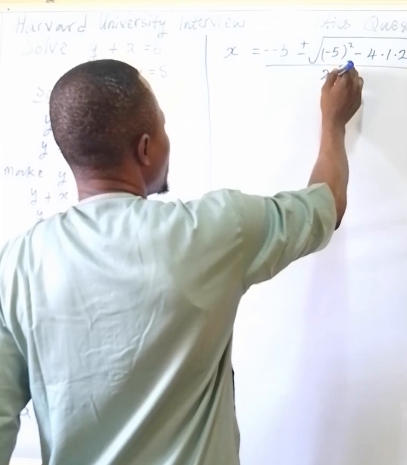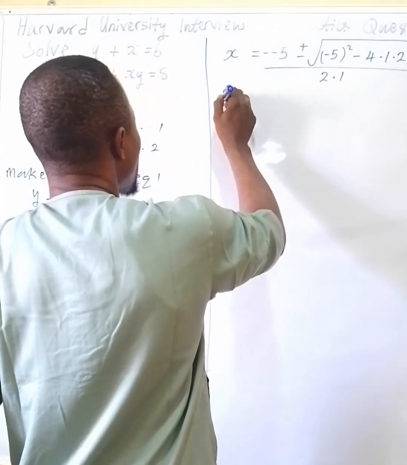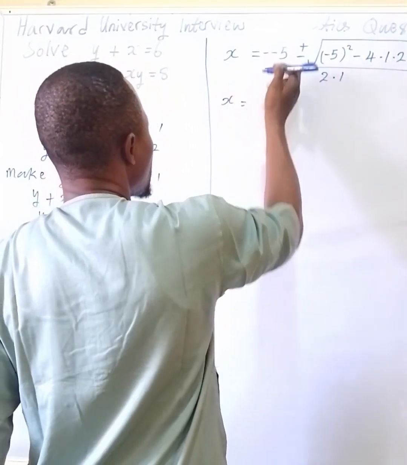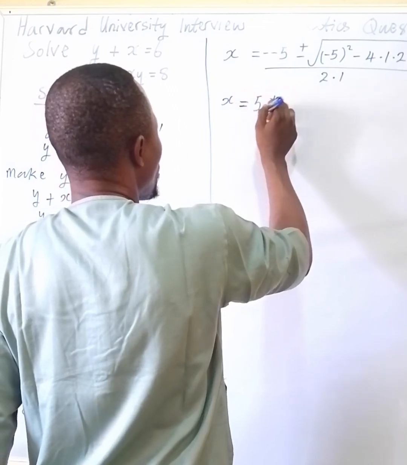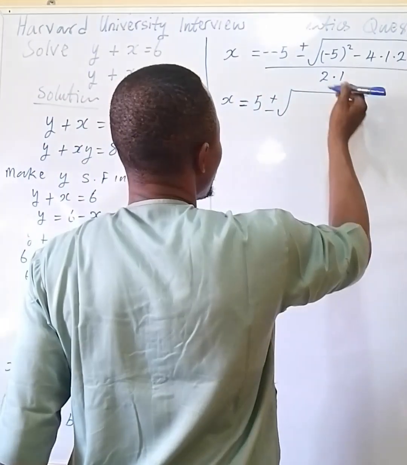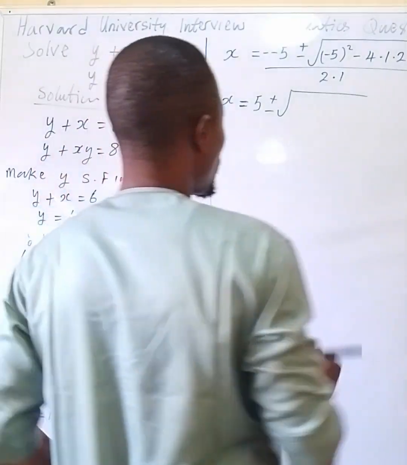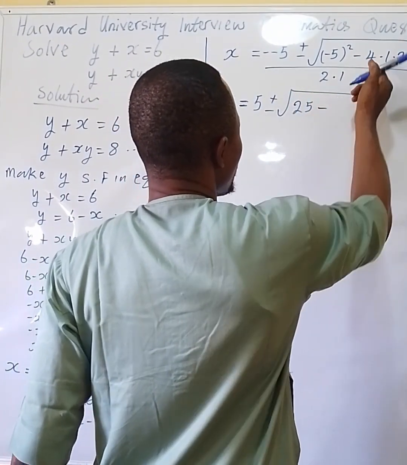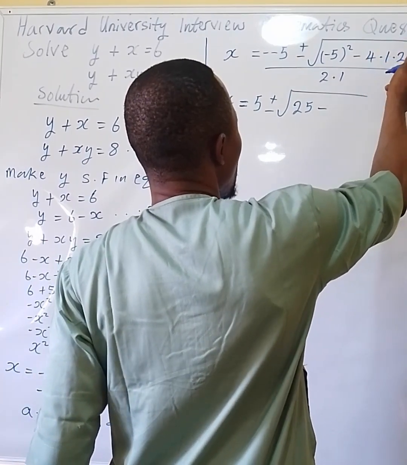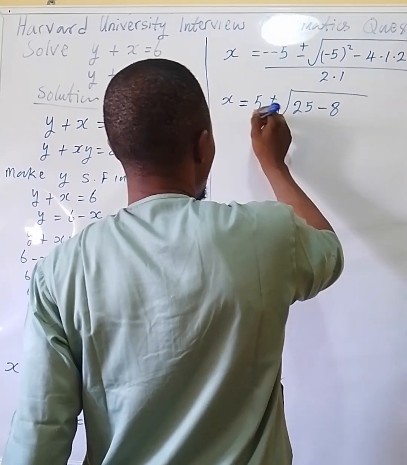So now we have x equals, minus times minus turns to plus. So we have plus 5, plus or minus the square root of minus 5 times minus 5, which gives us 25, minus 4 times 1 times 2, which is 8, minus 8.